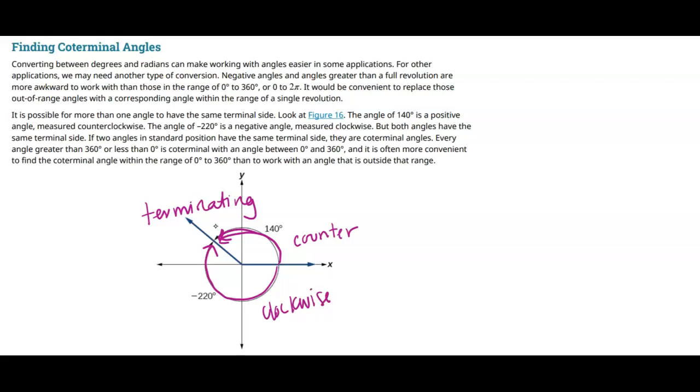Or even if you were to go around once and then hit that angle again. The big thing is you want to make sure that you're able to take any angle and get it to be between 0 and 360. So if it's a negative angle, what is the positive on this range of numbers?